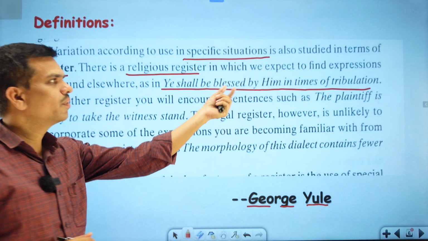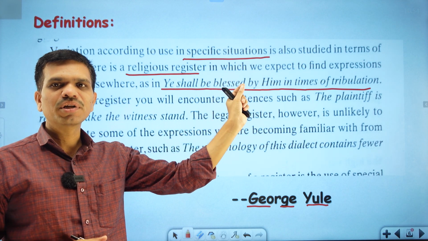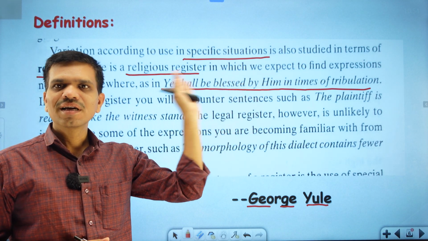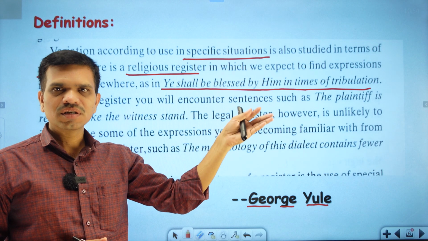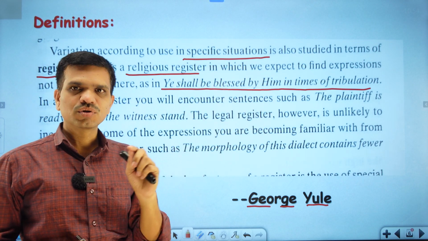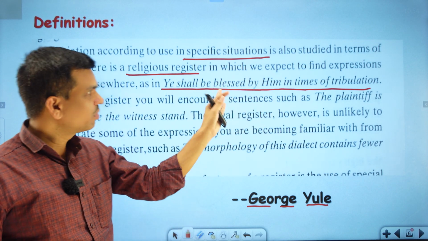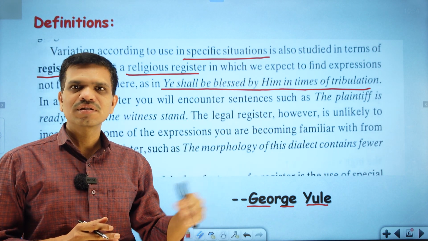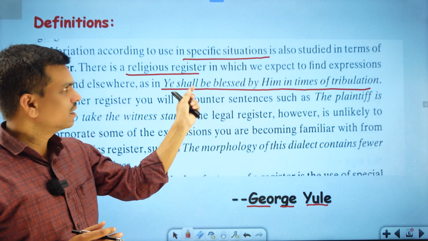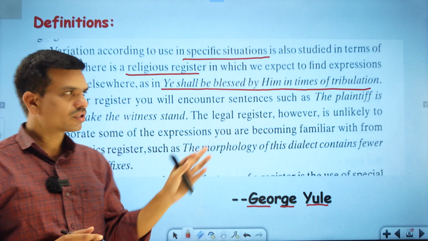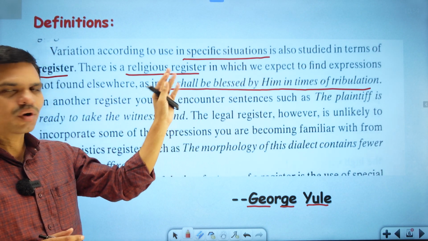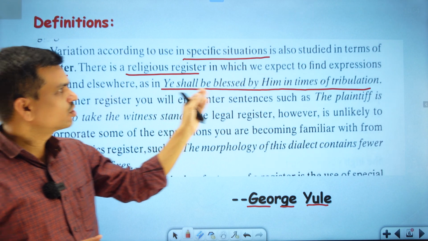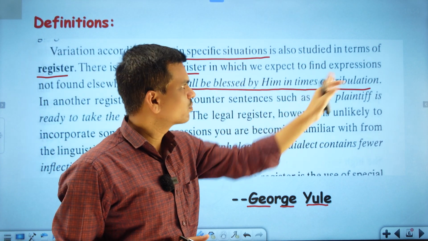This is a very particular kind of vocabulary or structure used in religion, or in the religious register. We generally find that the language of ceremonies, the language of the priest, is full of religious register, and here we have an example of this register: ye shall be blessed by him in times of tribulations.